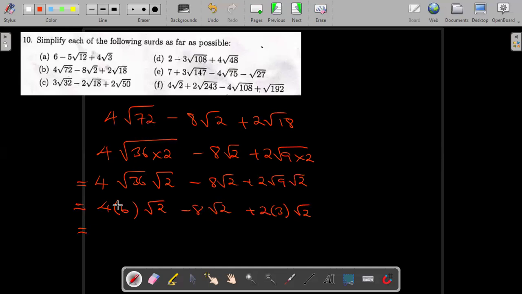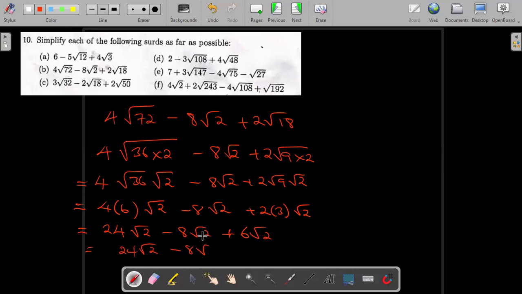This simplifies to: you multiply 4 by 6, which is 24, so you have 24 root 2, then minus 8 root 2, then plus 2 multiplied by 3, that's going to give 6 root 2.